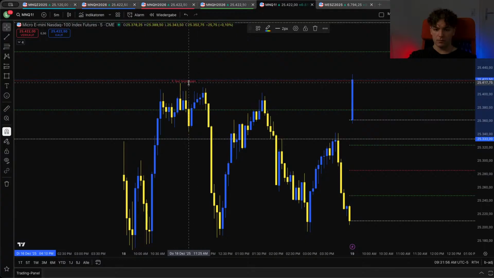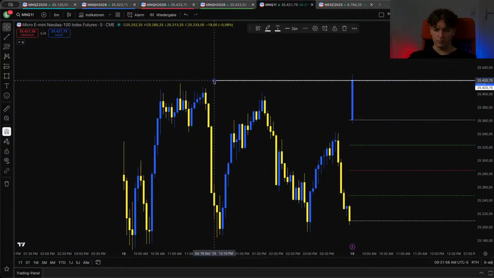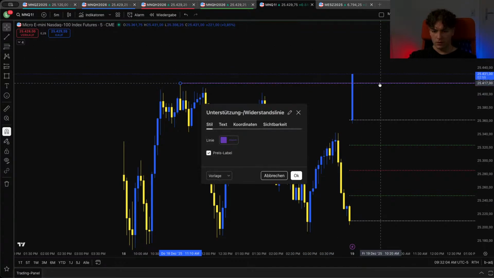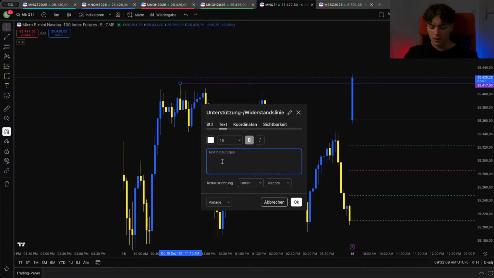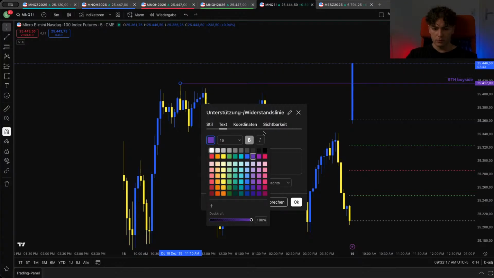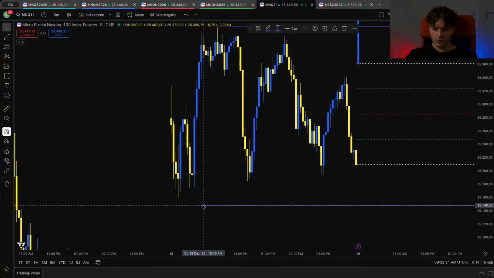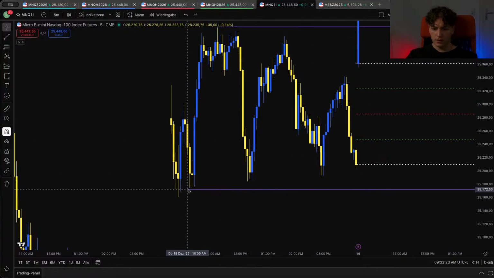We take out buy side here. So let's annotate this as regular trading hour buy side. Let's put it above, make it purple. Perfect.